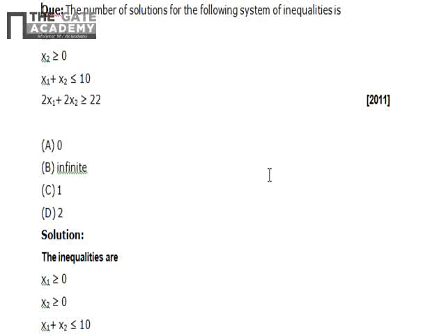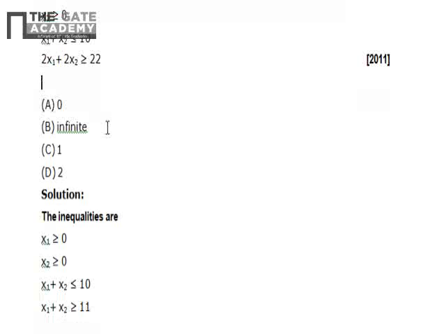Okay. So in this example, just have a careful look. These two will give the region in the first quadrant. Now this x1 plus x2 less than 10 and 2x1 plus 2x2 is greater than or equal to 22. If we simplify this, the two equations will become like this.